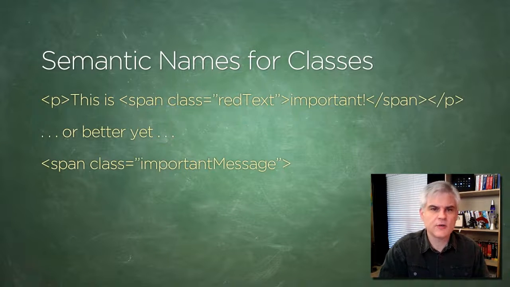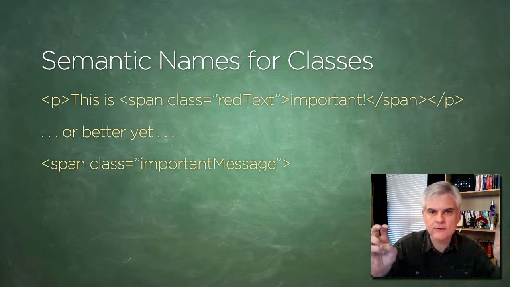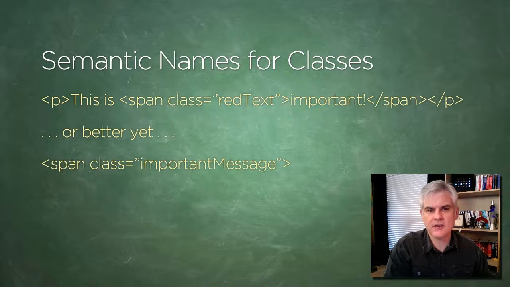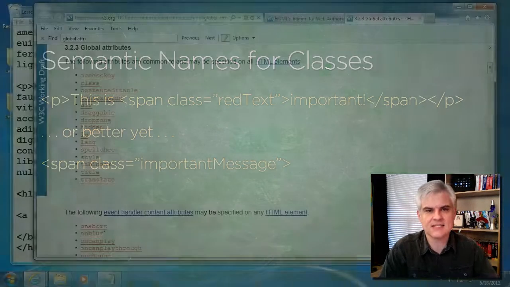So you might be tempted to create a class called red text, and then create cascading style sheet styles that set the appearance of the font to be red. However, a better idea might be to call it something like important message, then style it with a red font if you wish. We'll talk about CSS later, and we'll make sure to re-emphasize this idea.